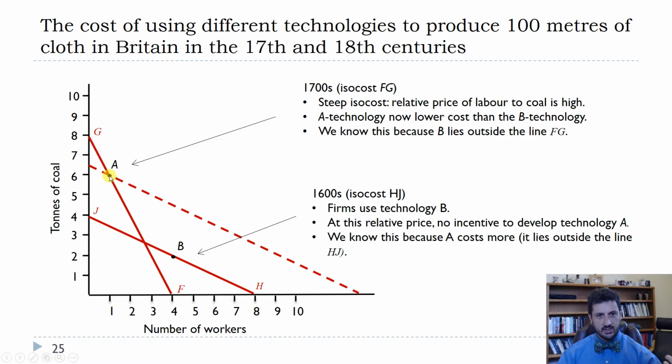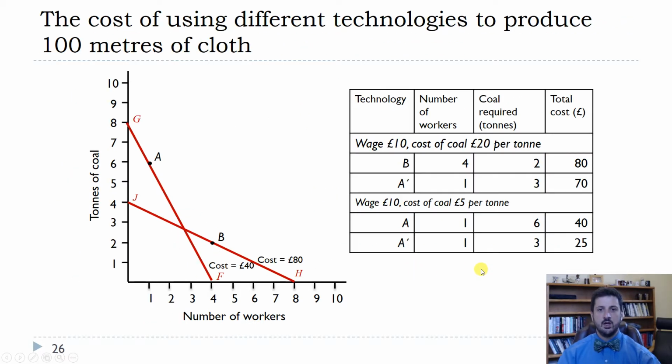And of course, the scientific revolution is chugging along side by side with the technological and capitalist revolutions, and so they're coming up with new technologies, new inventions. Now in the 1700s, technology A is cheaper than technology B, right? Because A lies inside B at those relative prices.